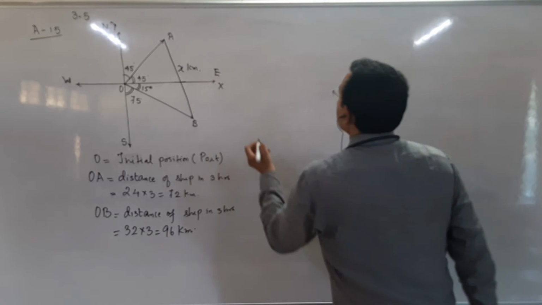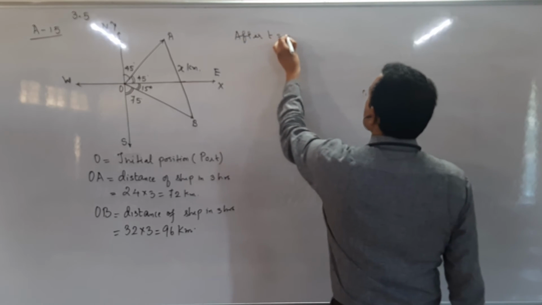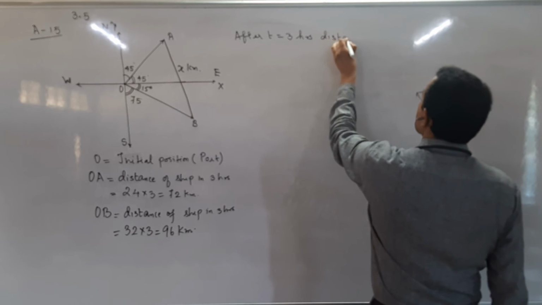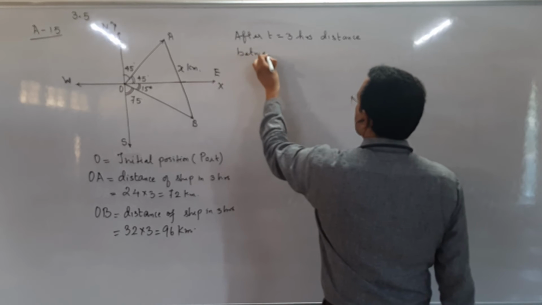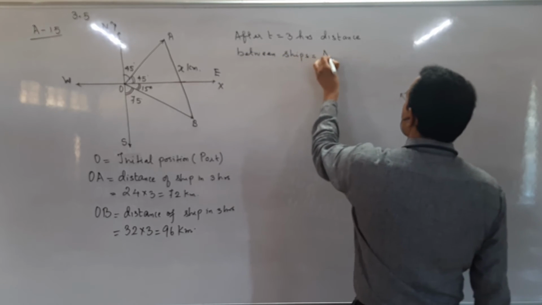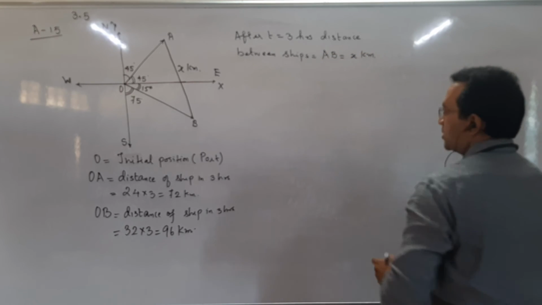And after t is equal to 3 hours, the distance between the ships is equal to AB is equal to x kilometers.